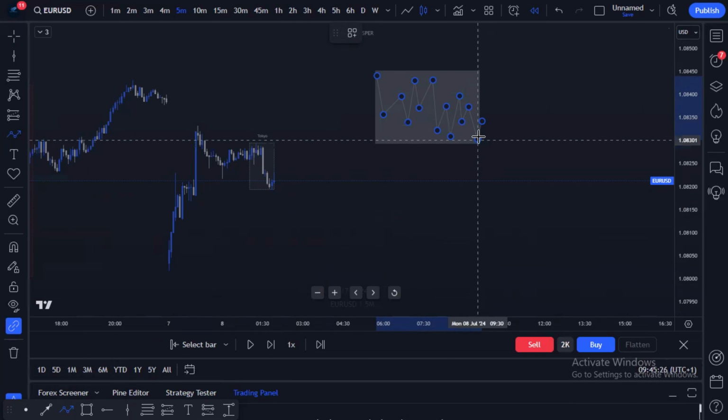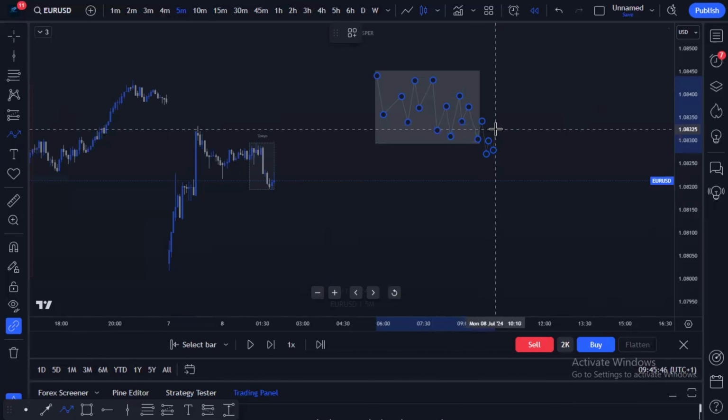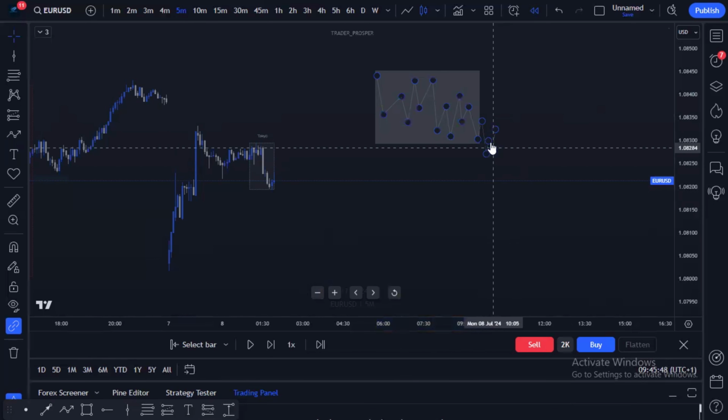So if the market is bullish, all I want to see is price sweeping the previous low that was created during the Asian session. When it sweeps it, I want to see a little bit of retracement back up, and then price engulfing the retracement back down.